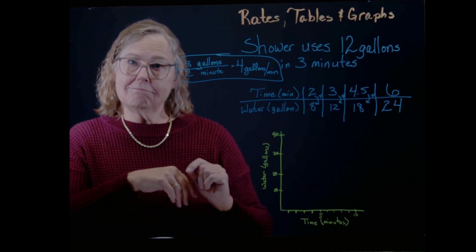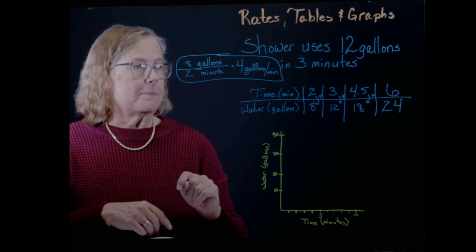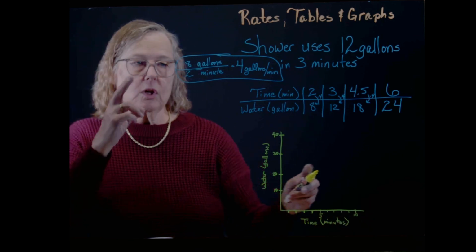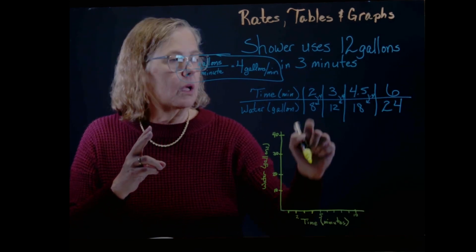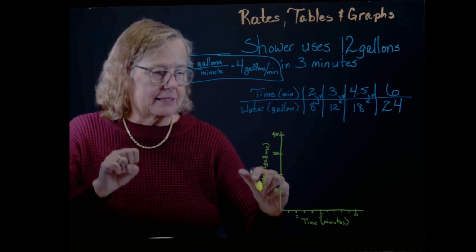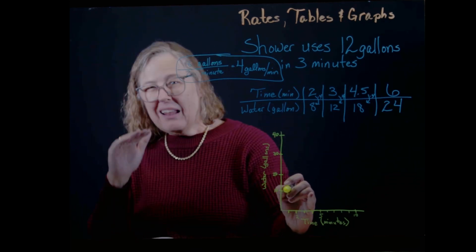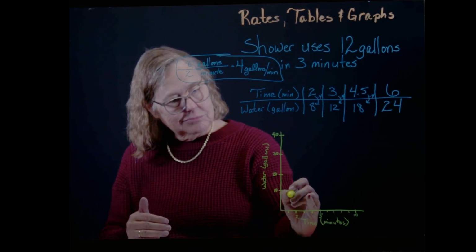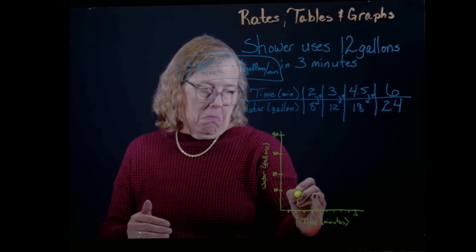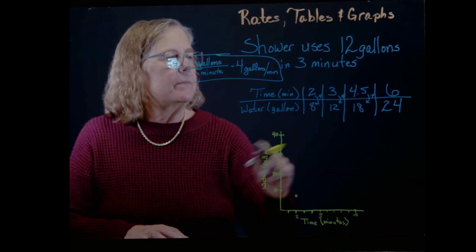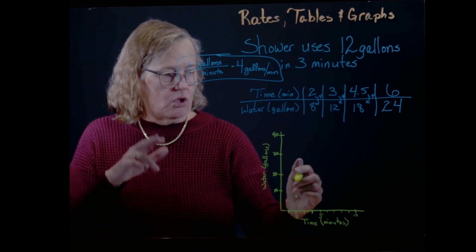Now we can take that information and we could fill in a graph. Let's try it. So if there's 2 minutes, it's about 8 gallons. So it's a little less than the 10 here. In that area. 3 minutes.